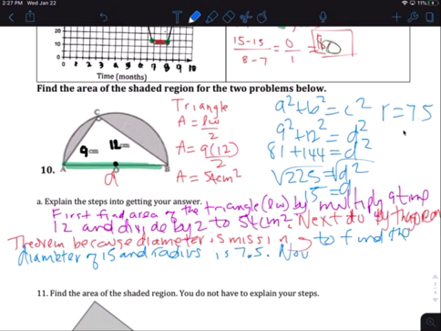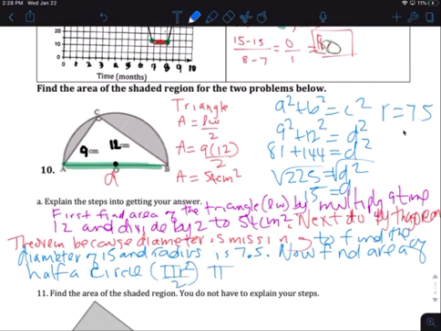Now find area of half a circle. Pi r squared divided by 2. So pi times r, 7.5 squared, and then get the answer, divide by 2.